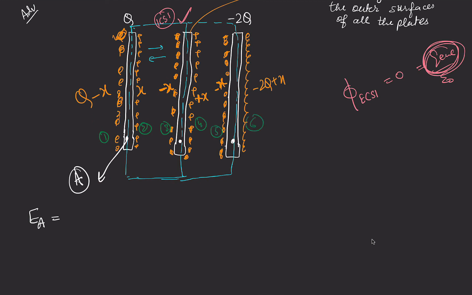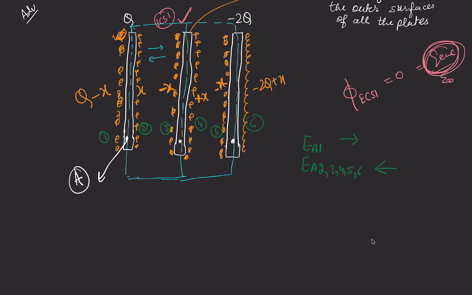We can assume that all the charges on these 6 surfaces are positive. For calculation purposes, we don't know yet, but if we assume that, we will get the right answer. So the electric field at point A due to sheet 1 would be in the right direction. Electric field at point A due to sheets 2, 3, 4, 5, 6 would be in the left direction.